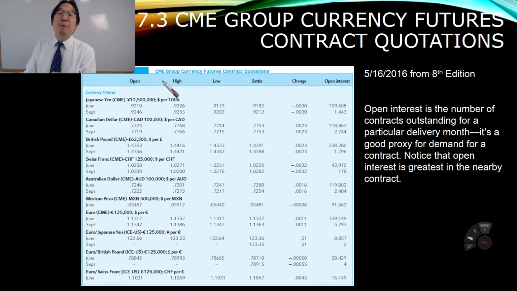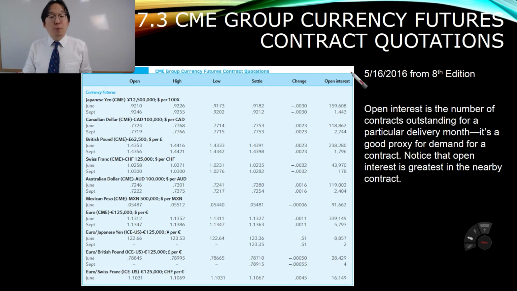What was the high price, maximum? What was the minimum during the day, intraday bound, right? And then the settlement is the end of the trading day, the final price, shown over here, futures price. And then what you see is a change over here. That's since the last day, yesterday's settlement price to today's settlement price. The change is shown over here, all right?